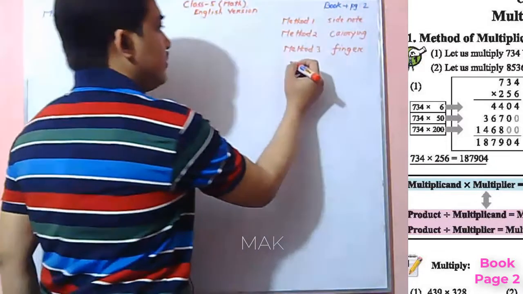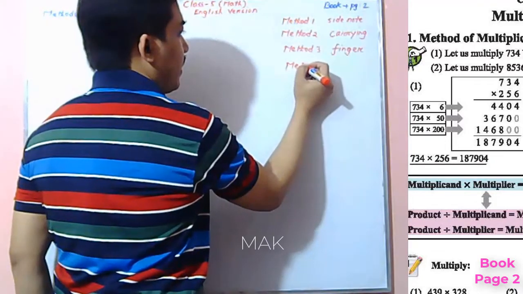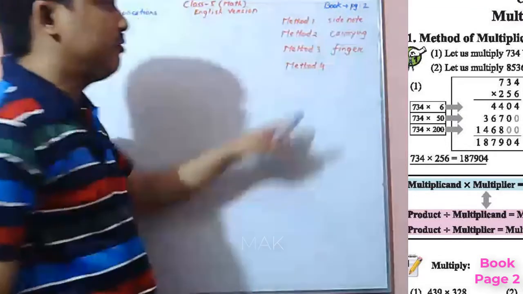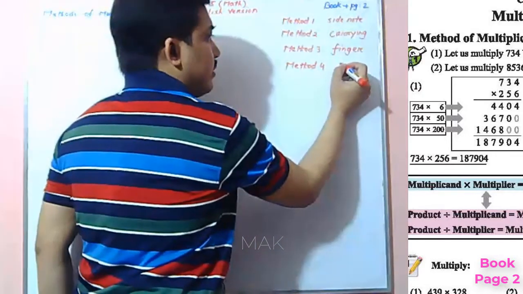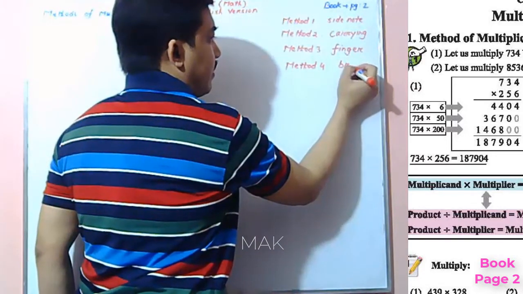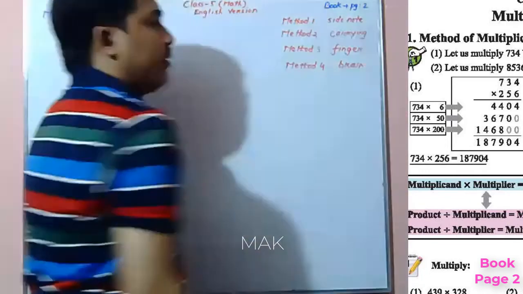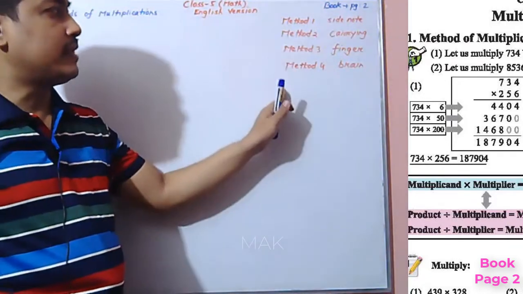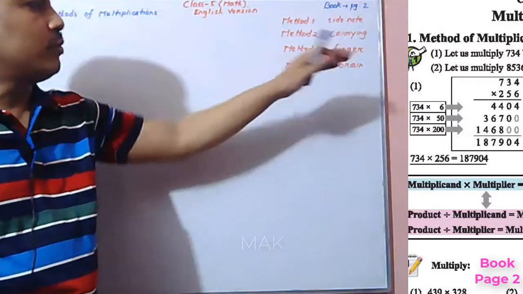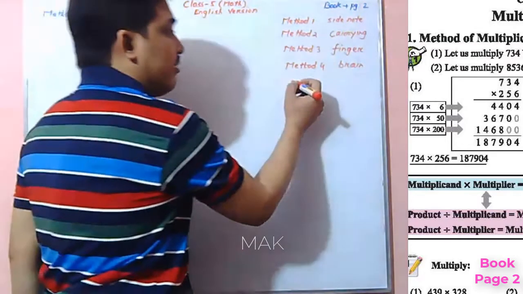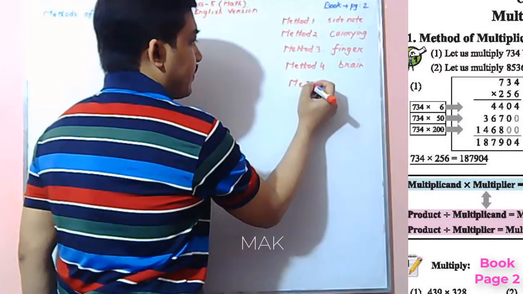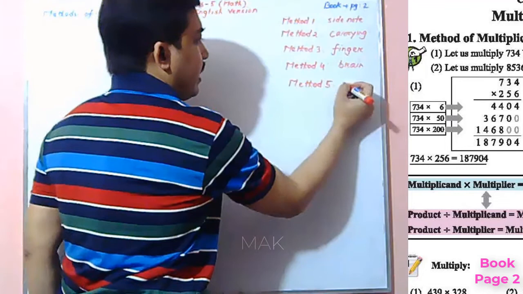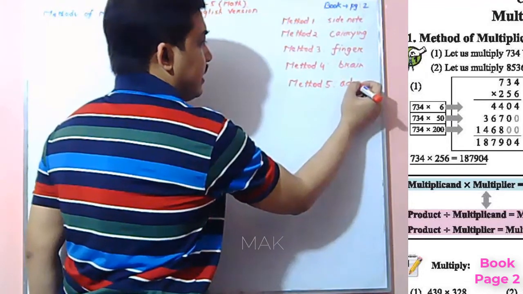Method 4, method 4 is brain. How you are going to use this method, I'm going to explain all these methods one after another. So what would be the next method? Next method is the advanced method. Method 5, I call it advanced technique.